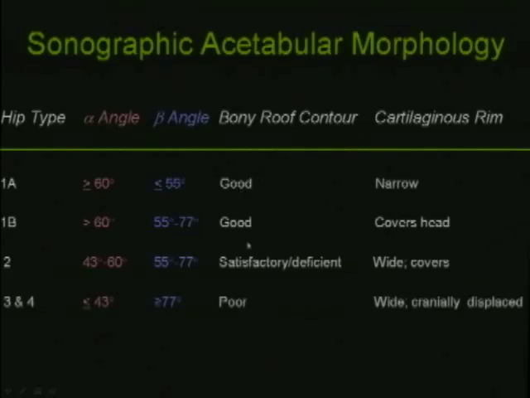By the time we get down to the type 3 and 4, there is a very steep acetabulum and basically very significant displacement of the cartilaginous rim of the acetabulum, so that the steeper the bony part, the more likely that an infant is going to have a hip that is going to require treatment.